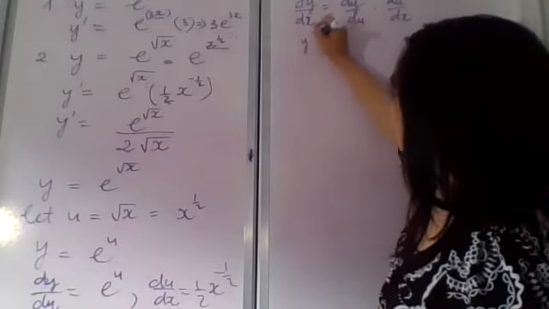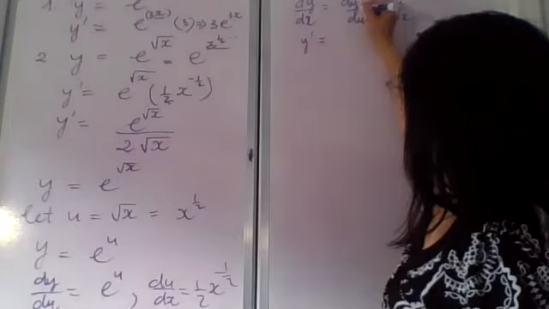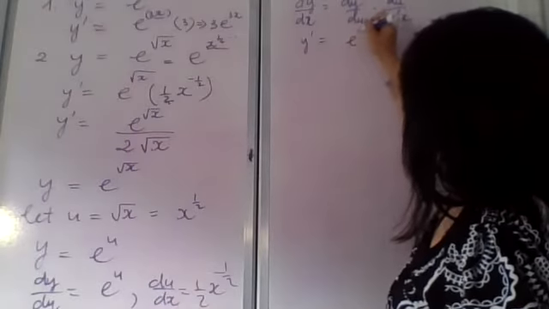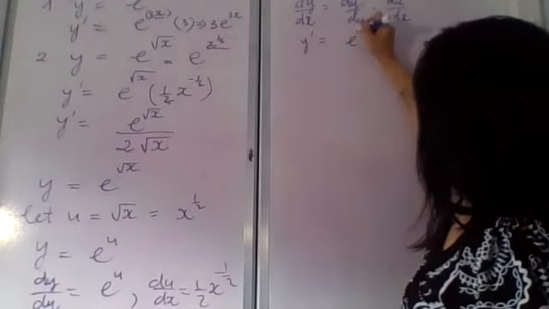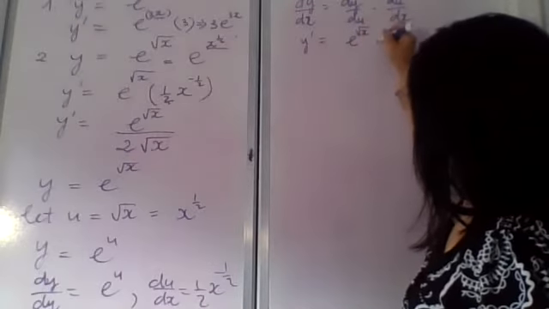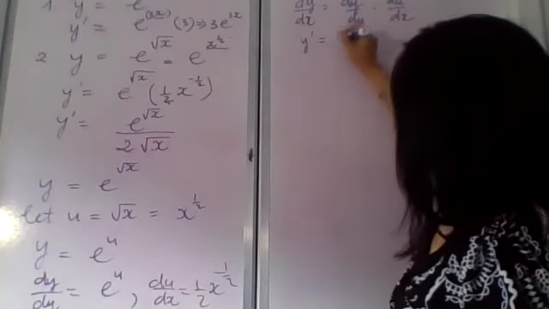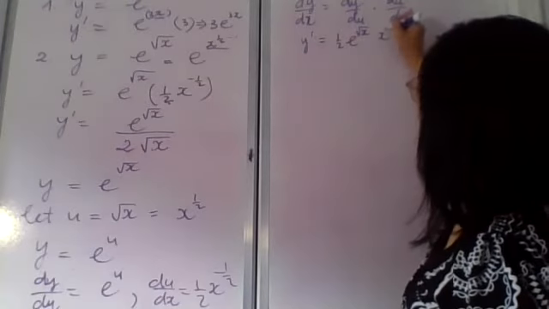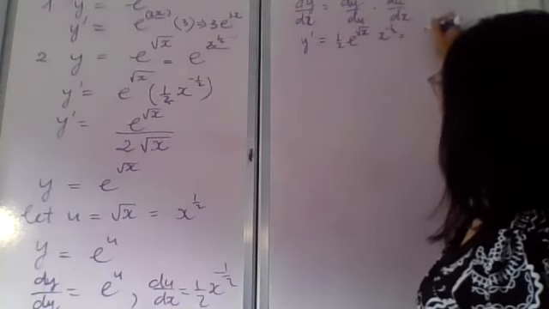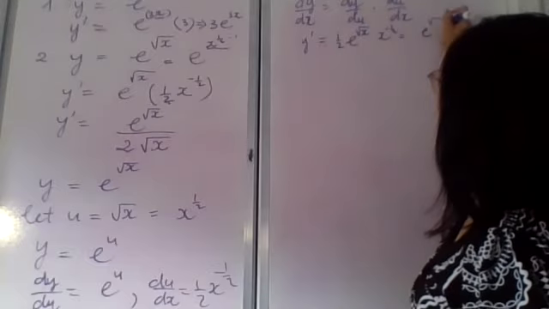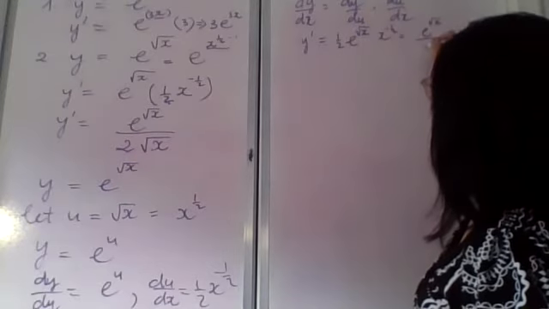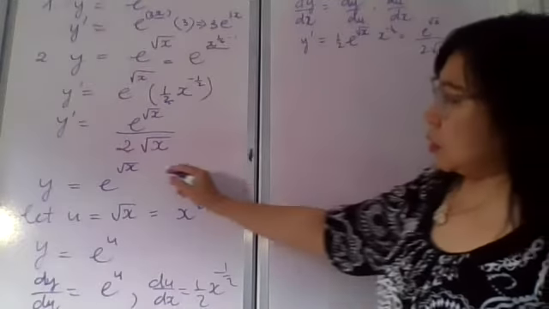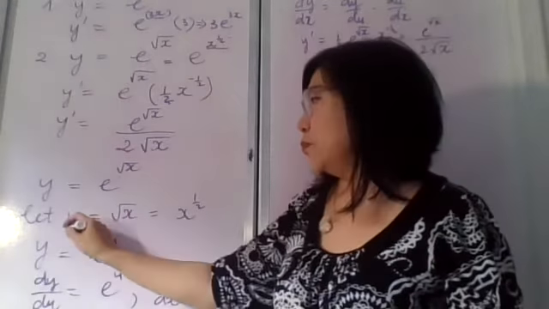And therefore, y prime, where dy over du is e to the u, but the u we put back as square root of x, times the derivative 1/2 x to the minus 1/2, the same as we just did, right? So this is a long way when you do the substitution by u.